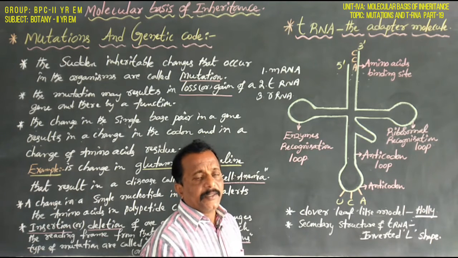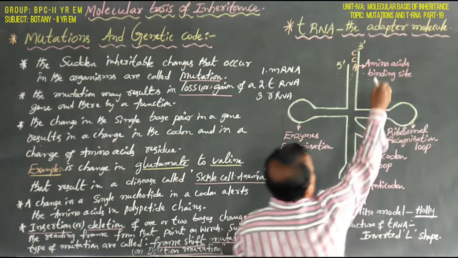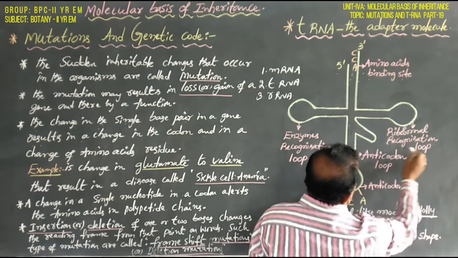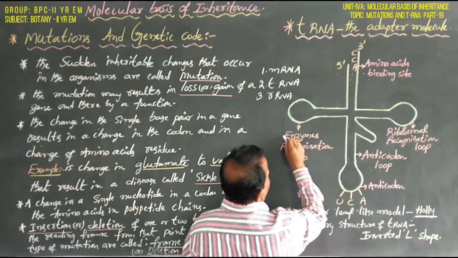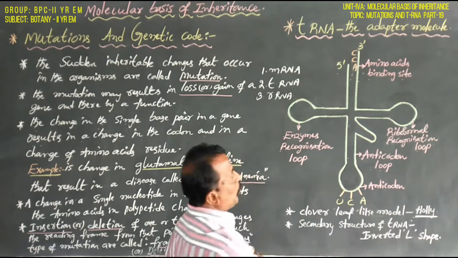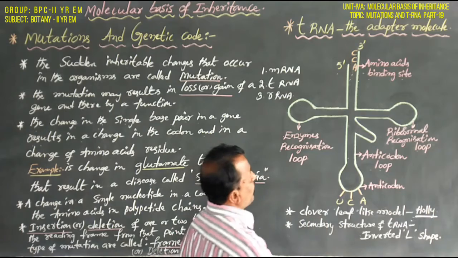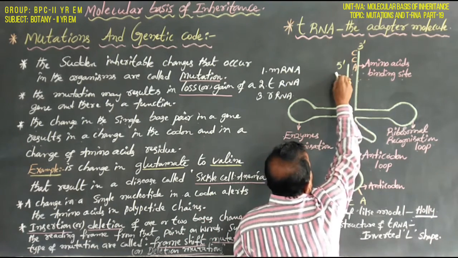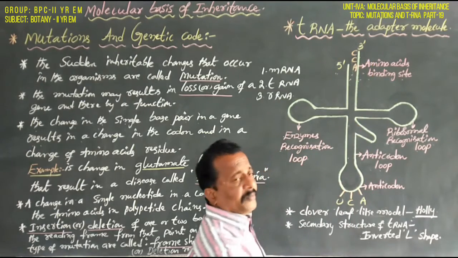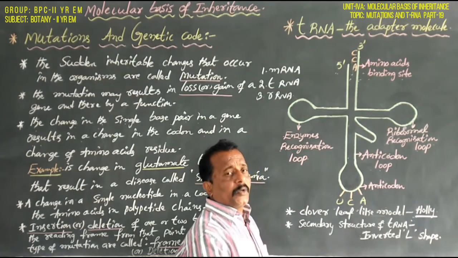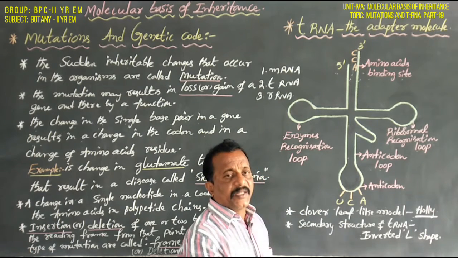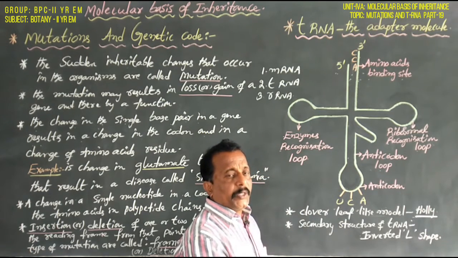The tRNA contains an amino acid binding site, a ribosomal recognition loop, an anticodon loop, and an enzyme recognition loop. First, the tail part has a 5 prime end and a 3 prime end, and the CCA codon is at the 3 prime end, where the 20 amino acids are attached.